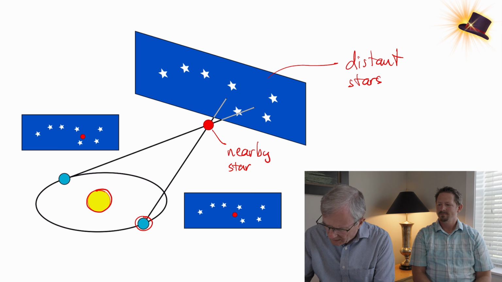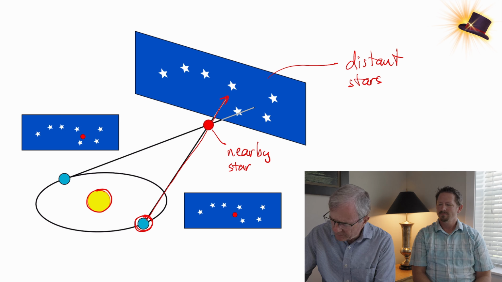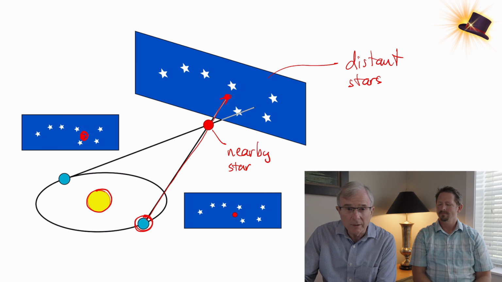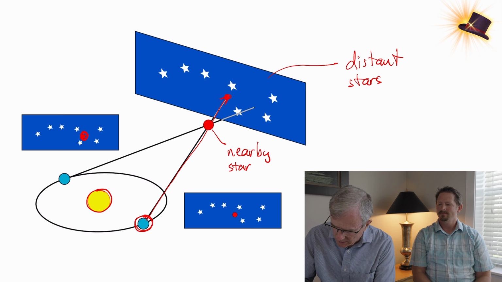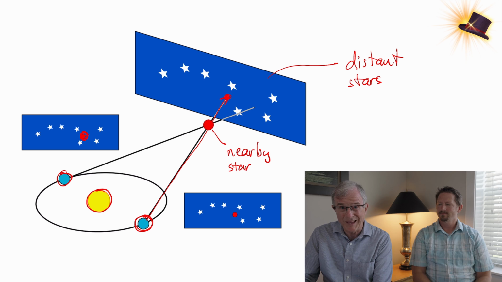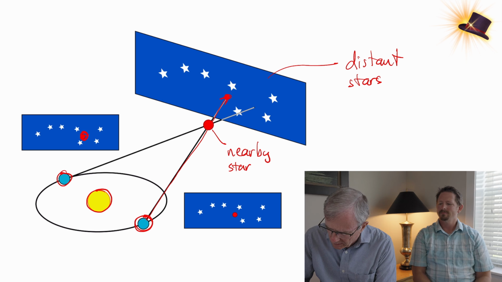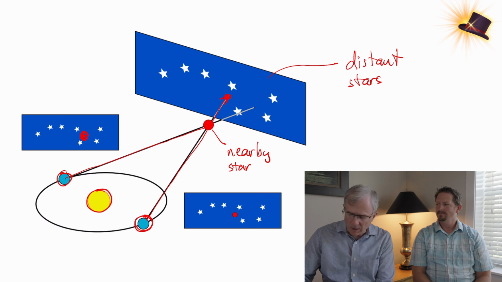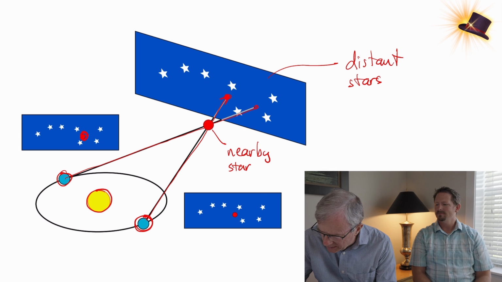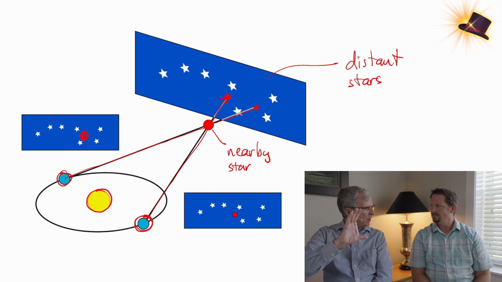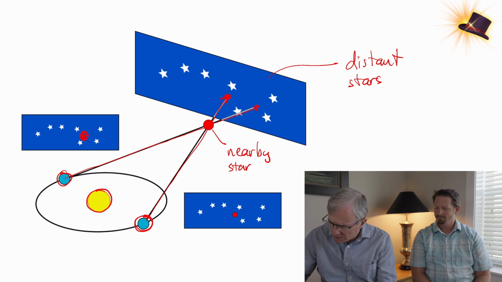When you look at it from this perspective, your line of sight is projected against this spot on the background of stars, whereas when you're on the other side of the Earth's orbit around the Sun, over here, 6 months later, then your line of sight toward that nearby star is projected against a different spot on the background of distant stars.